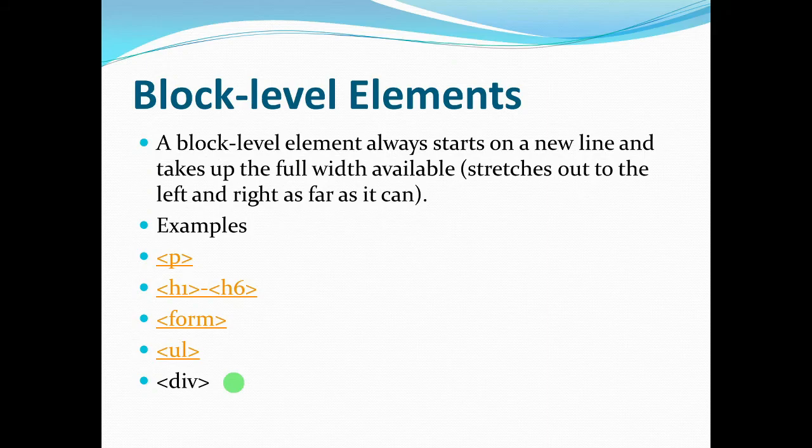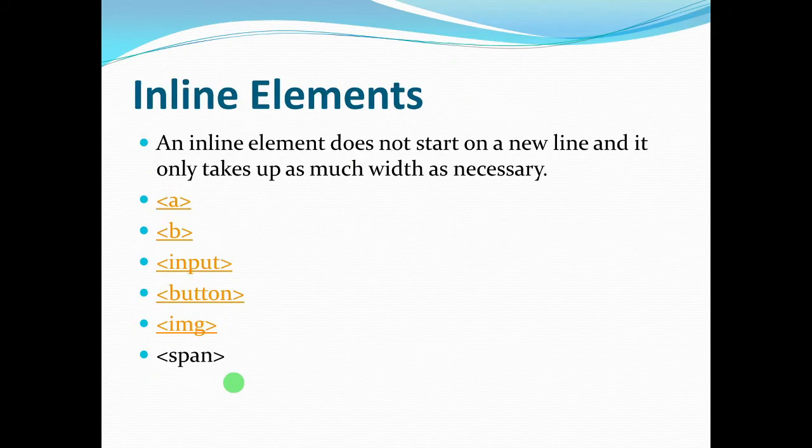All right, let's go to the next one, inline elements. So essentially, an inline element doesn't need to take up the whole line on which it is written. It only takes up the space it requires. In other words, it only takes up as much width as it requires.